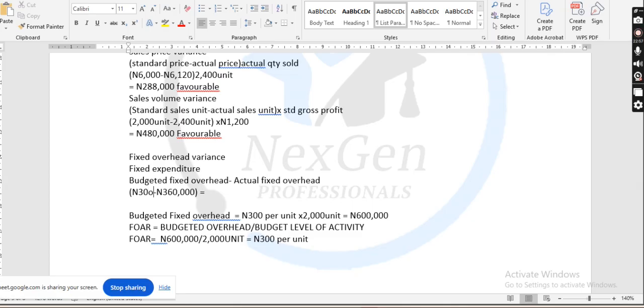So, 30 naira per unit times, right? 30 naira per unit times, what is the actual unit?